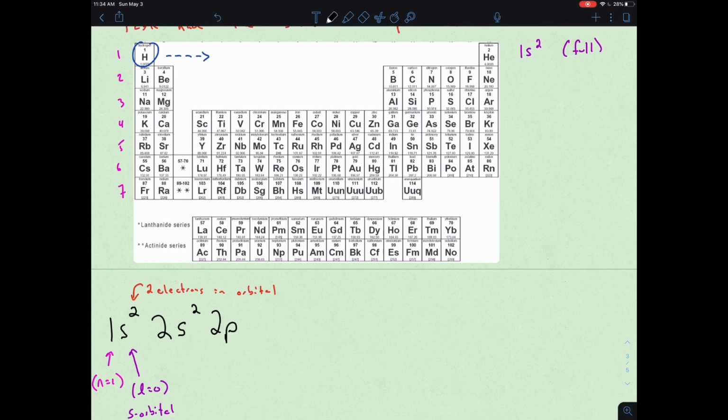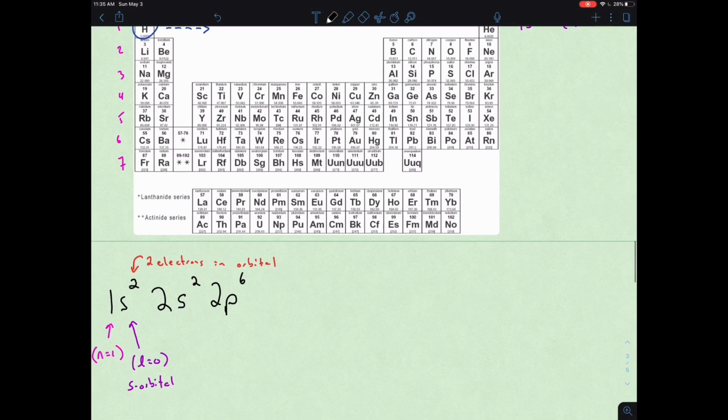So in the first level, all you can have is S. In the second level, actually all you can have is S and P. And remember, there are 3 orbitals in the P set. And since with our Pauli exclusion principle, each orbital can house 2 electrons, we actually get 6 electrons in that 2p.